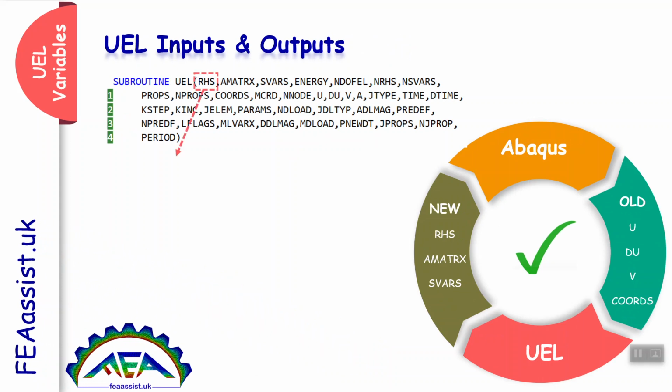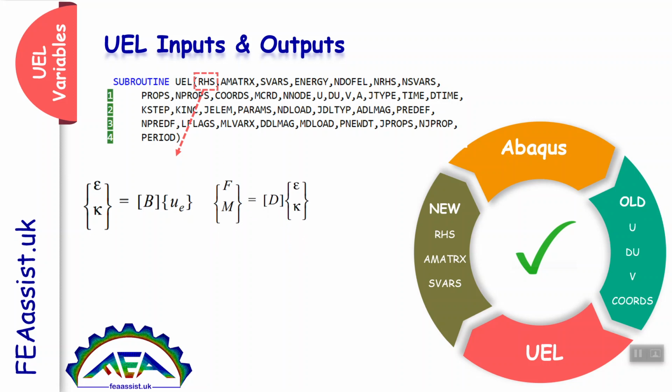As an example, I explain one of the most important variables here, which is the output of UEL, RHS, right-hand side matrix. Strain is a function of displacement. Here we add curvature for that. K is curvature. Strain and curvature is a function of UE, which is displacement, by a matrix we call B matrix.